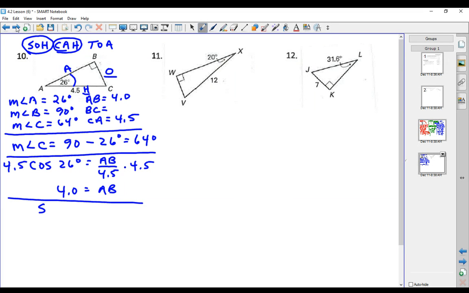So I've got the sine of 26 degrees is equal to the opposite side, which is BC, over the hypotenuse, which is 4.5. And just like before, I want to multiply both sides by 4.5. And when I do, BC comes out to be 2.0.